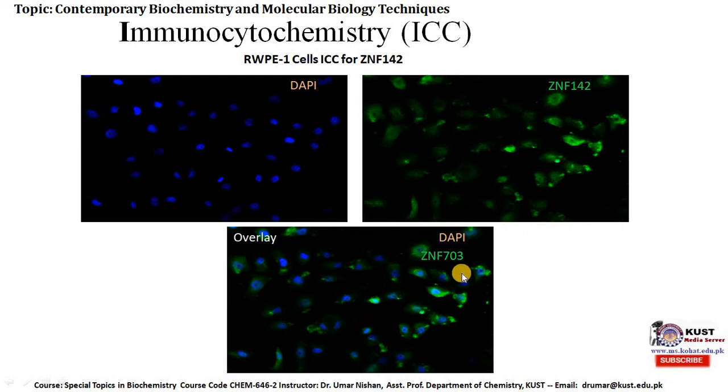So this is also how immunocytochemistry works. When we conduct this staining within cells, we are able to see how it can successfully help us visualize if a certain protein is being expressed or not.